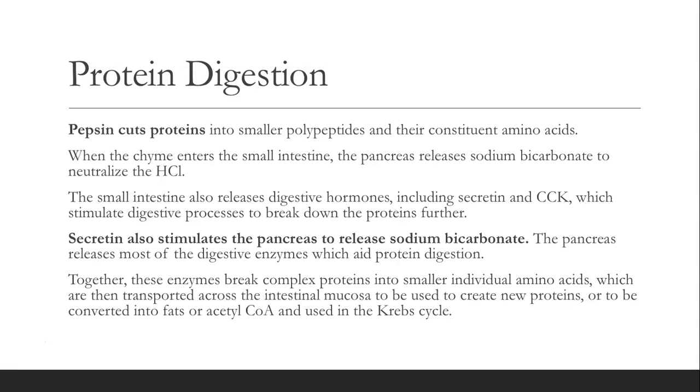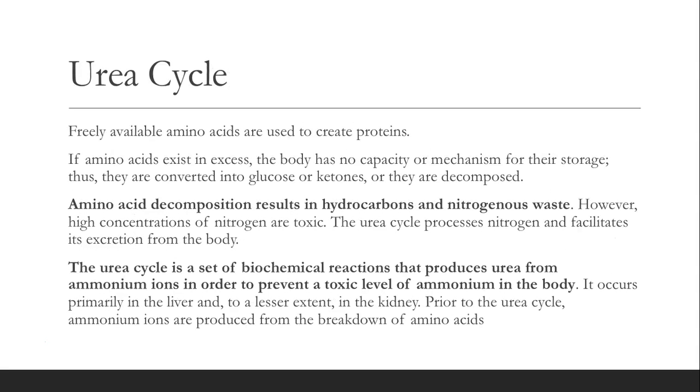And then the pancreas will release most of the digestive enzymes, which also aid in protein digestion. All of that together, those enzymes break down complex proteins into the small individual amino acids, which are then transported across the intestinal mucosa to be used to create new proteins, or to be converted into fats, or of course acetyl coenzyme A, which is used in the Krebs cycle.